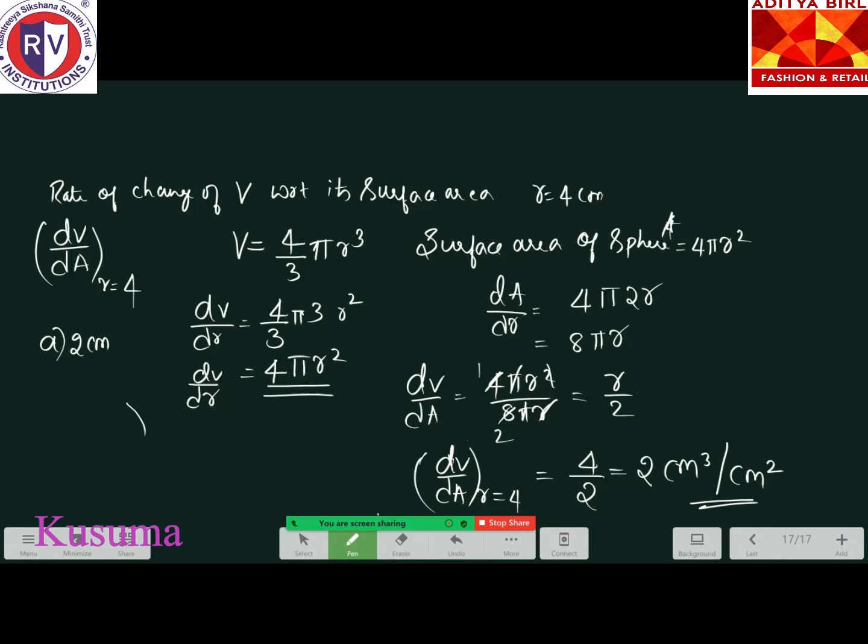Option A is 2 centimeter cube per centimeter square. Option B was 4. Option C is 8 with the same unit, and option D is 6 with the same unit. So the right answer will be option A.